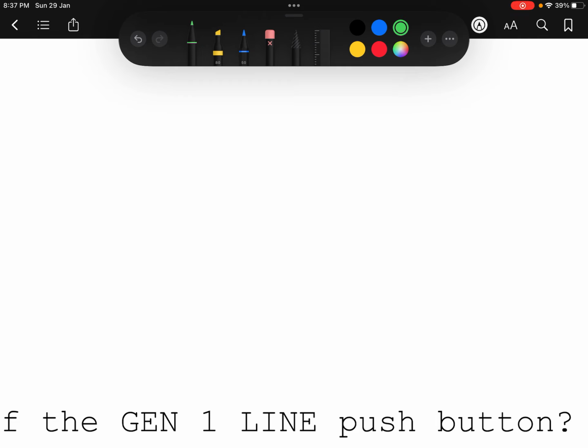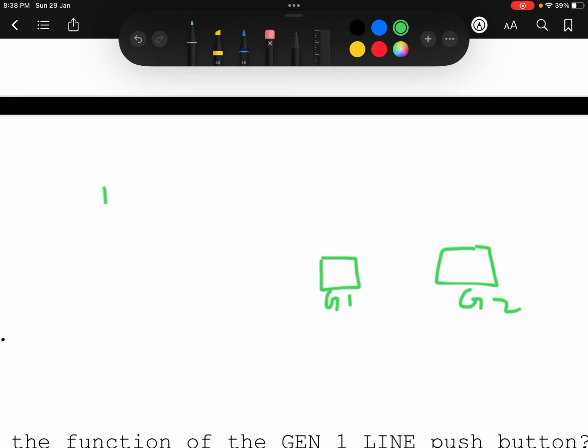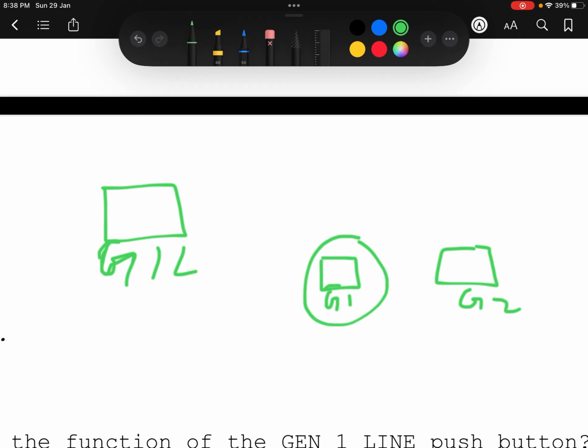So what we will do is switch off everything, like generator 1 and generator 2. But if we switch off both generators, then who will supply the fuel pumps, right? Let's say these two are for gen 1, this is for gen 2, and here we have the gen 1 line. So instead of switching off generator 1, we press gen 1 line.